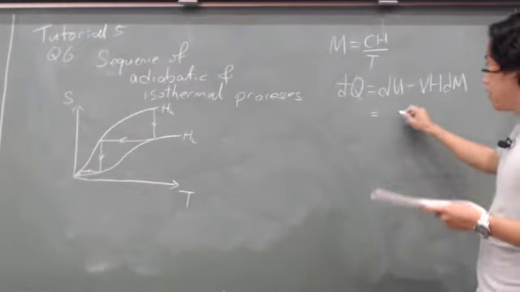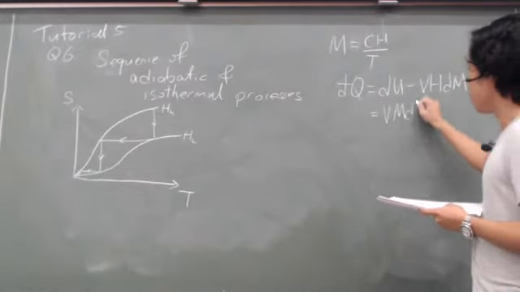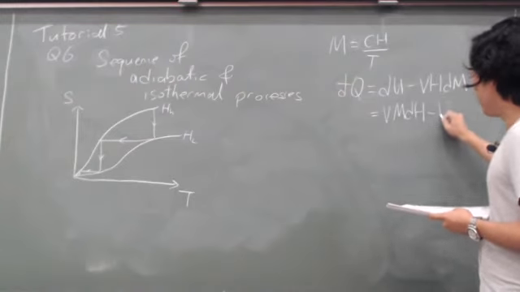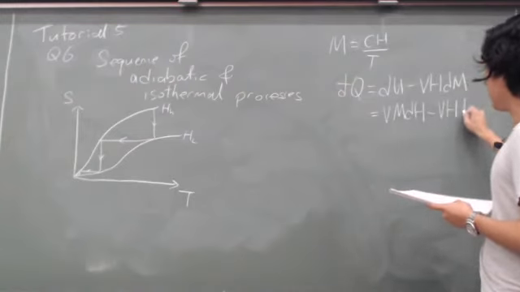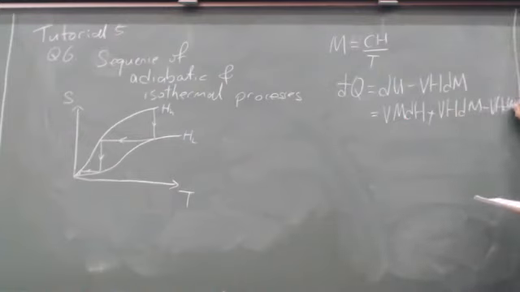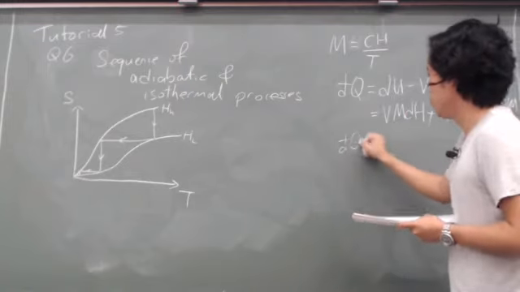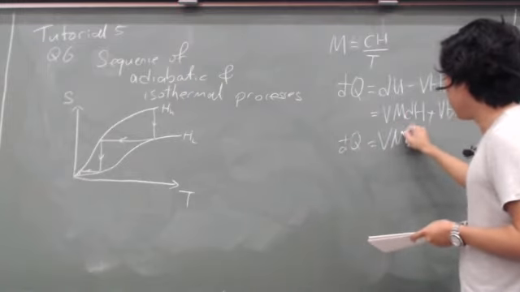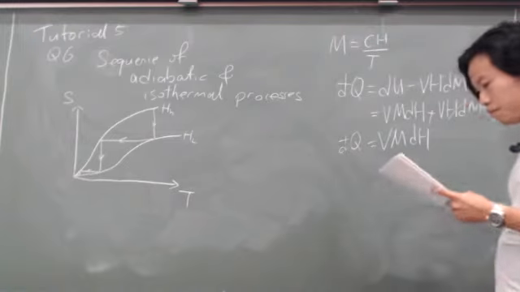Then you can write out dU as V M dH minus VH dM, plus VH dM minus VH dM. So these two cancel each other out, and you end up with dQ equal to V M dH.